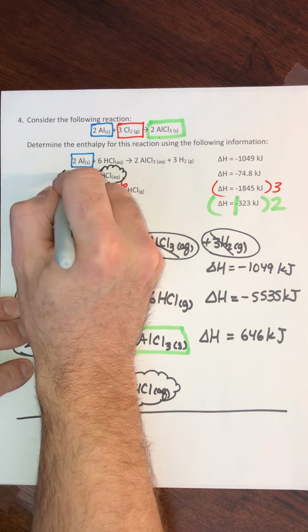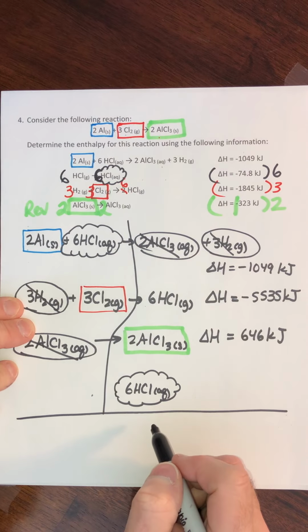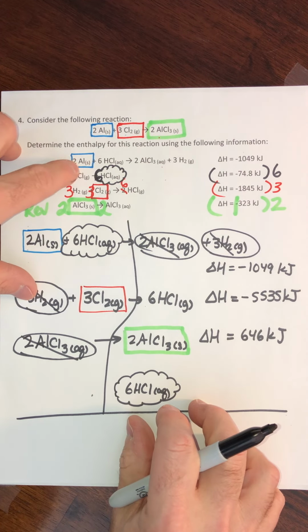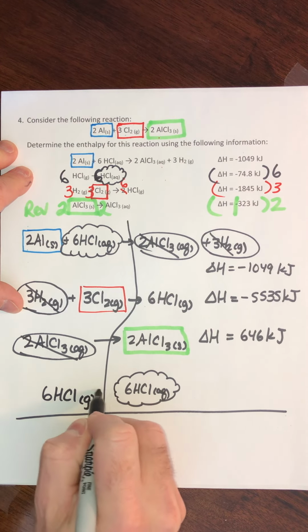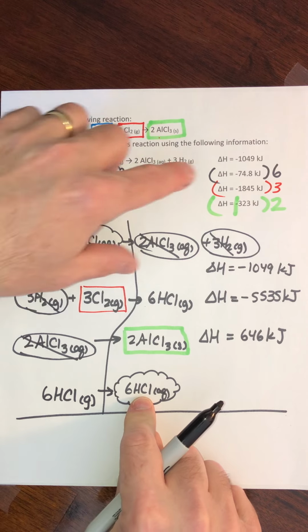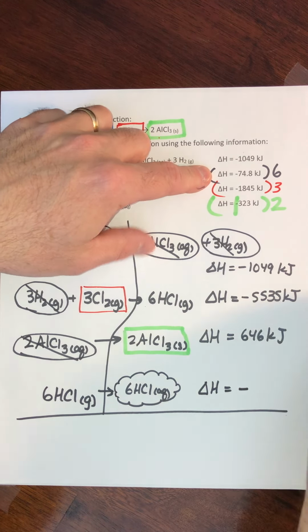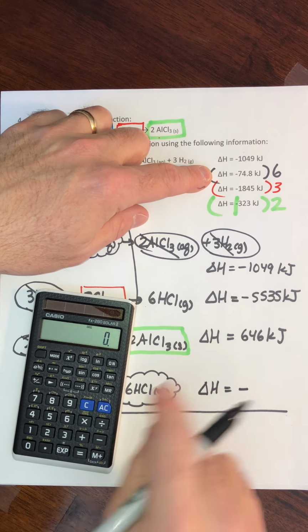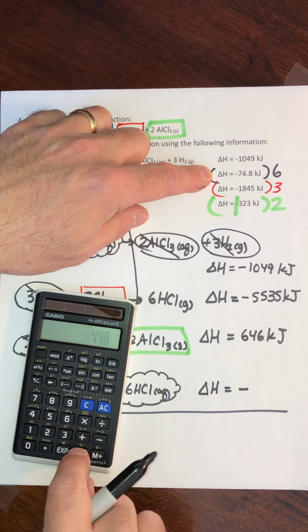So what I'm going to do is multiply everything in this by 6. So 6 times HCl gas gives me 6 HCl gas. 6 times the HCl aqueous, I've already got that. And my delta H will stay negative because I didn't flip it, but it is going to be 6 times 74.8 negative.